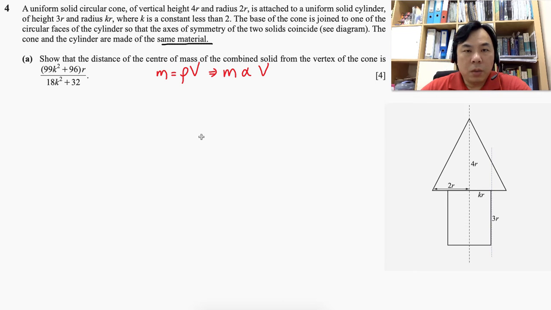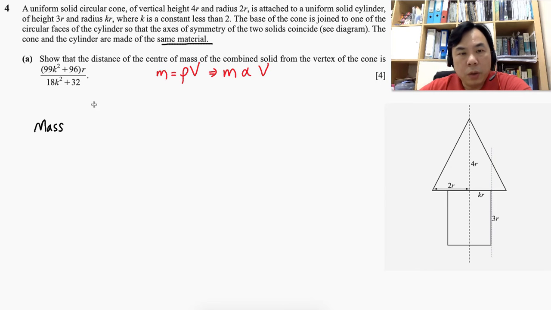Now, the first step. For any center of mass question, it is best to set up a form of table. The form of table that we need will be something like this. We will have the components that we are looking at, so we must have the mass of the solid.